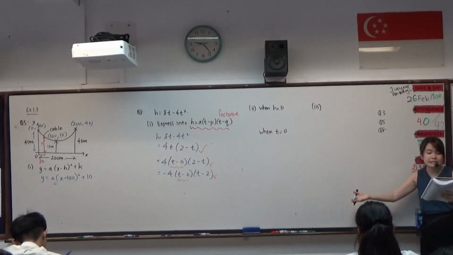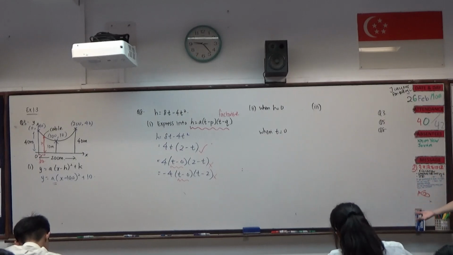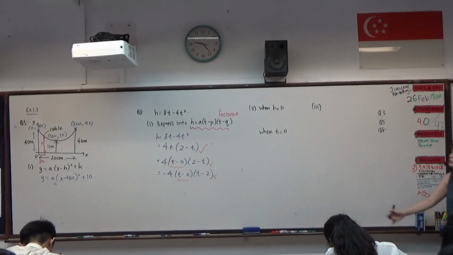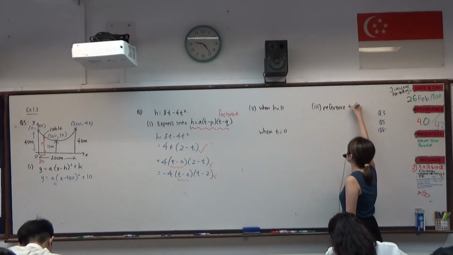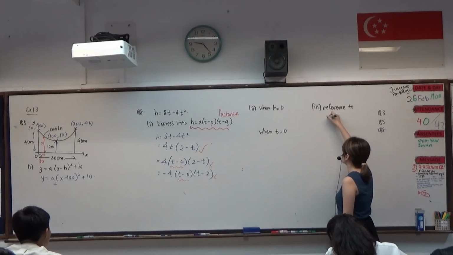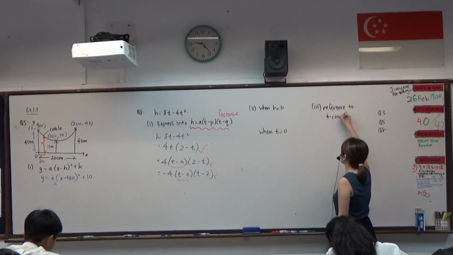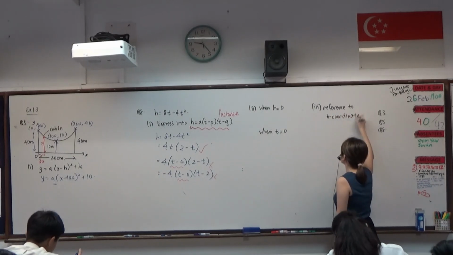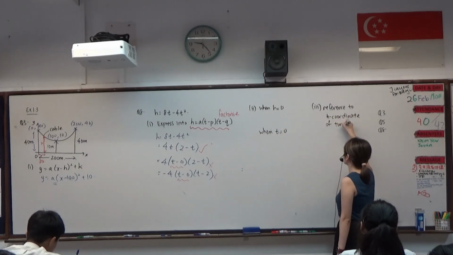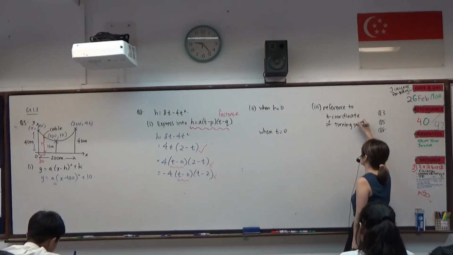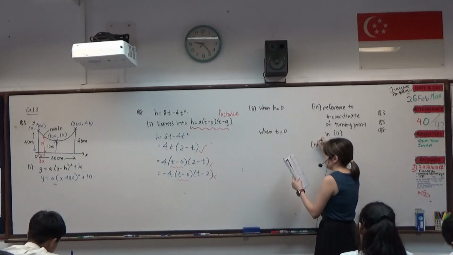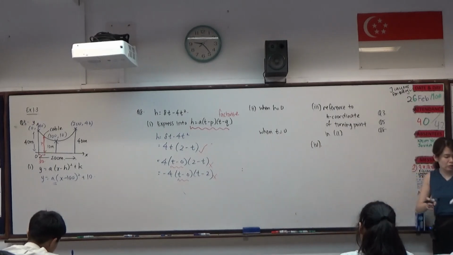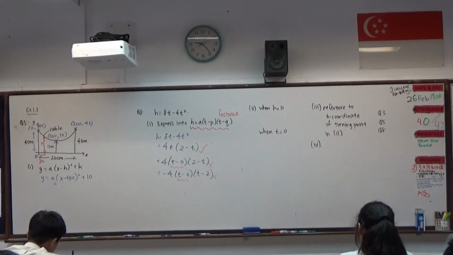Part 3, to find the maximum height, you just reference the turning point. Okay, so part 3 should not actually be a problem as well.